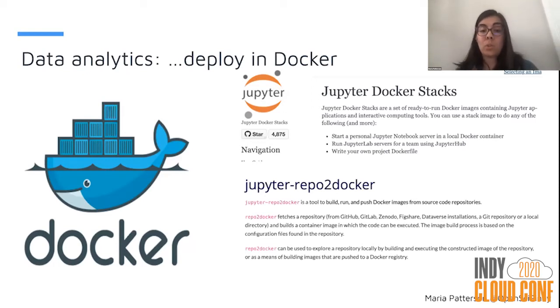And what's great about that is that instead of having special snowflake environments, you can have your data scientists put all of their packages and the specific releases that they want into the Docker image. And so this is great. And this is what the LSSC and ZTF use to run their analytics.